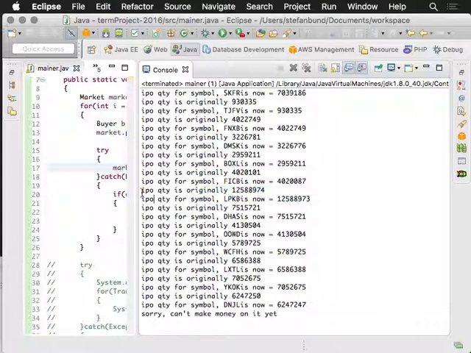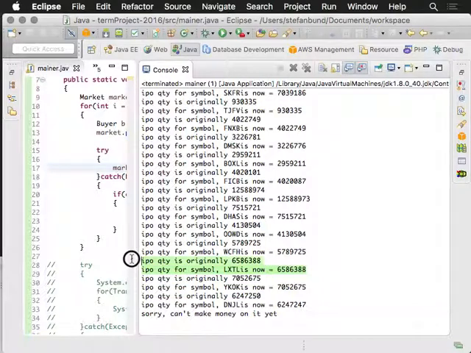So the IPO quantity is originally 12 million, 12.5 million shares, and then it goes down literally just 1 share. And maybe that's what happened in the transaction, but really what we should see is the IPO minus the number of shares that was sold.